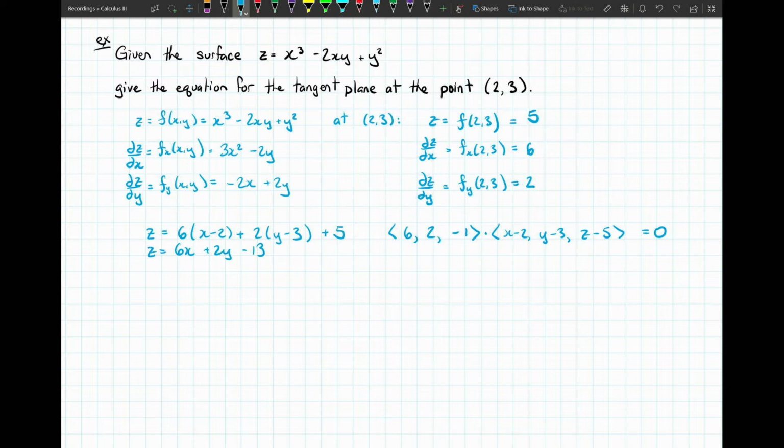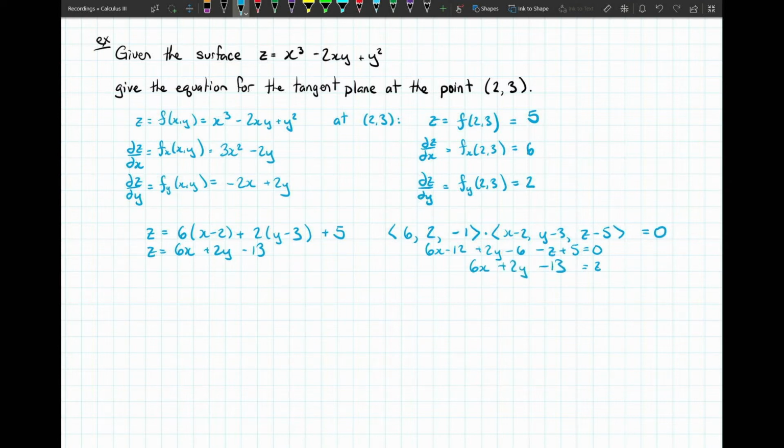Now, if we want to, we could expand out that dot product just to double check that both of these are equivalent. We could just do 6x minus 12 plus 2y minus 6 minus z plus 5 equals 0. Move the z to the other side and start collecting like terms, and we'll have 6x plus 2y minus 13.